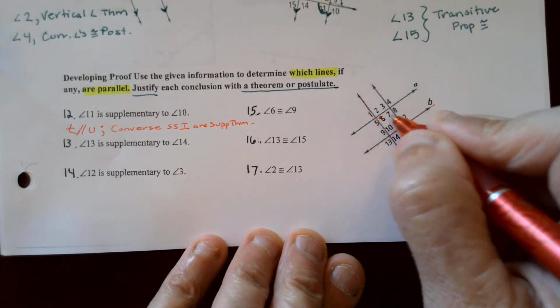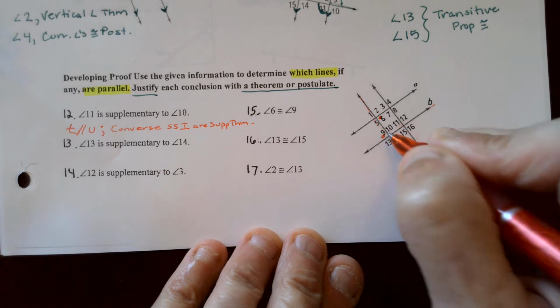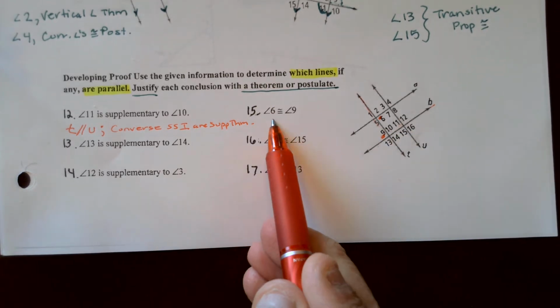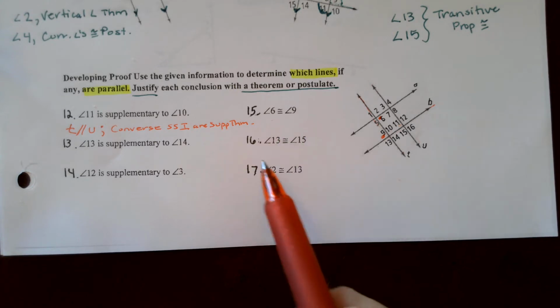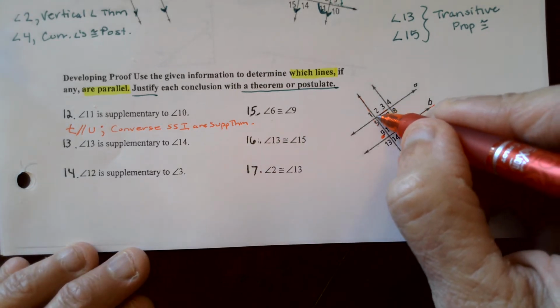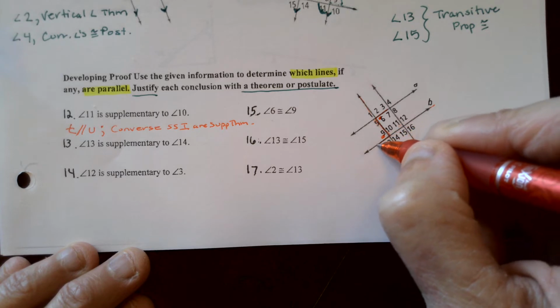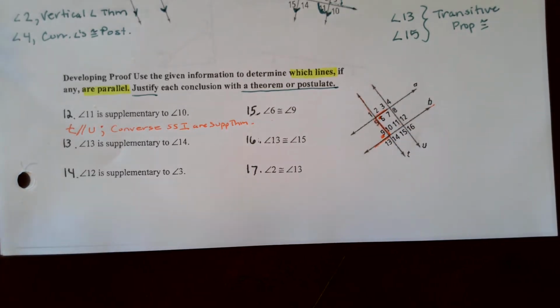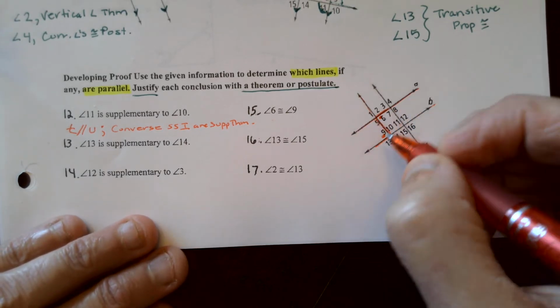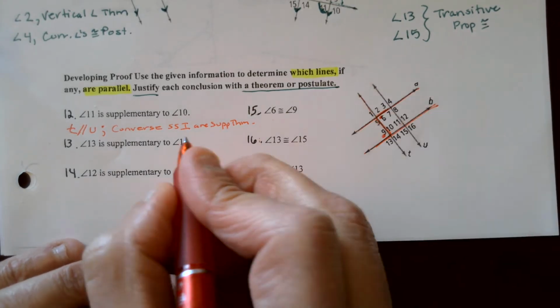6 and 9. Those are the same. Does that tell you any lines are parallel? Well, we can kind of see that we're making it going across this, can't we? We can see the Z with that middle line. So right there you can see which two are parallel. This one and this one.